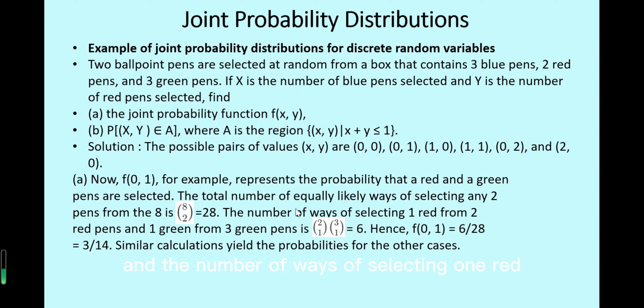The number of ways of selecting one red from 2 red pens and one green from 3 green pens is 6 ways. So f(0, 1) = 6/28 = 3/14.